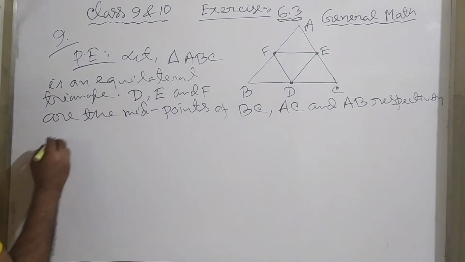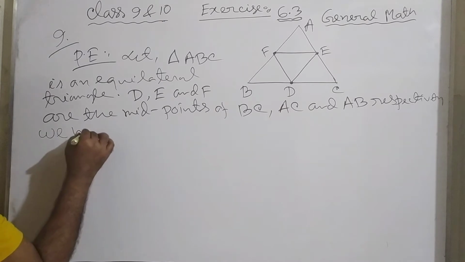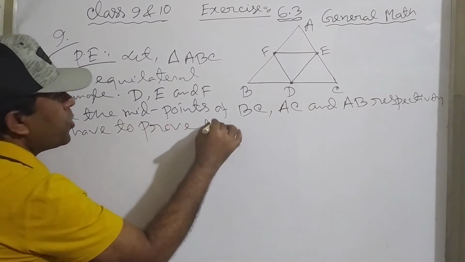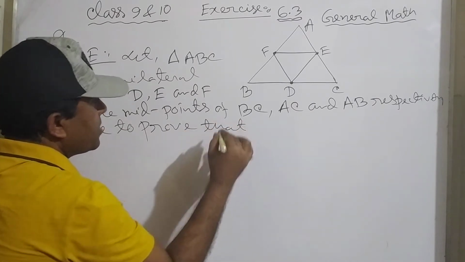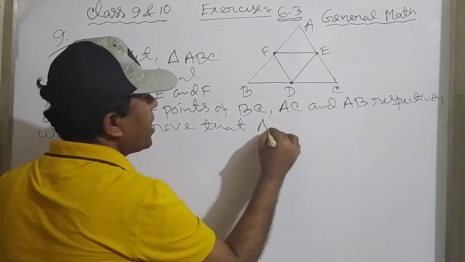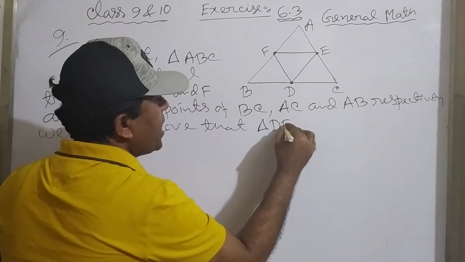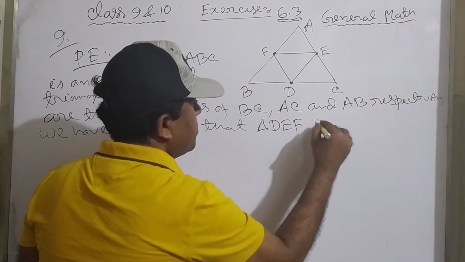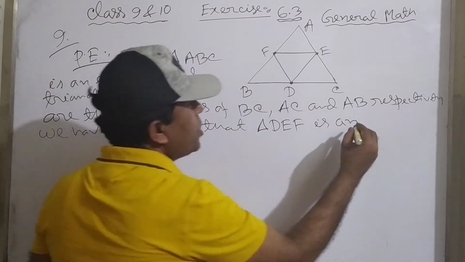We have to prove that triangle DEF is an equilateral triangle.